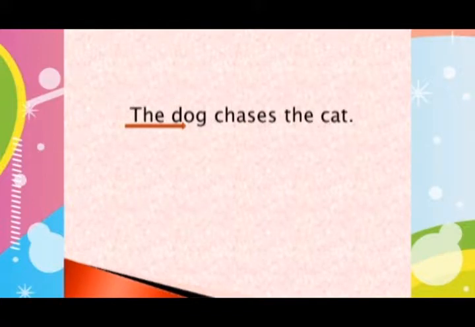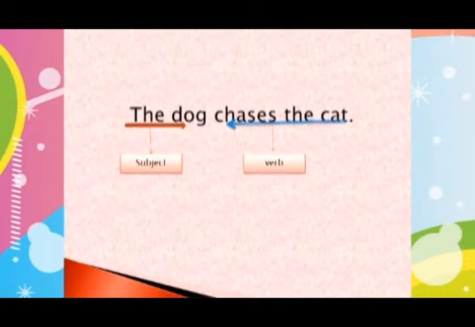It tells who the sentence is about. Chases is the verb in the sentence. It tells us what the dog does.